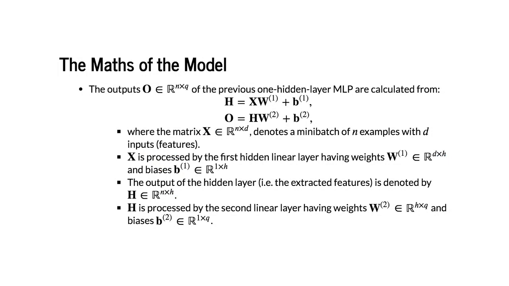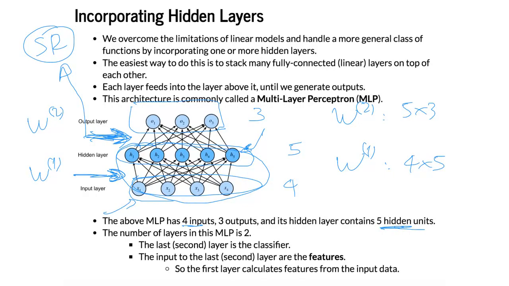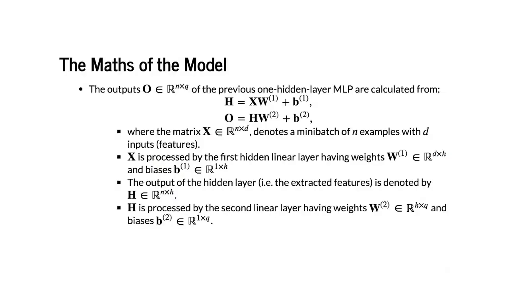So in this example over here, in this two layer MLP, what happens is that from X, we have X, so this is n times 4.